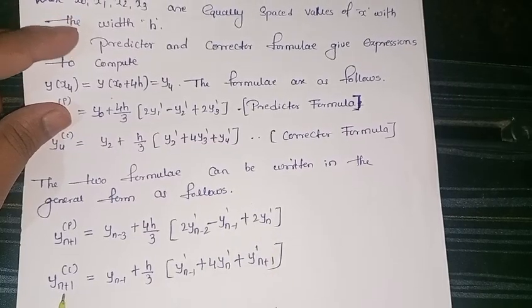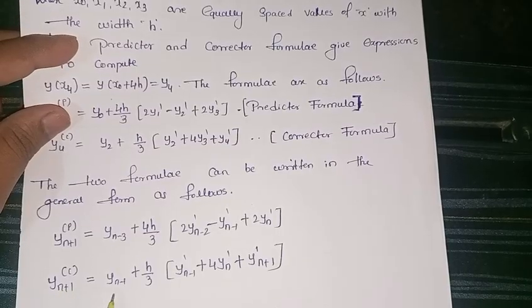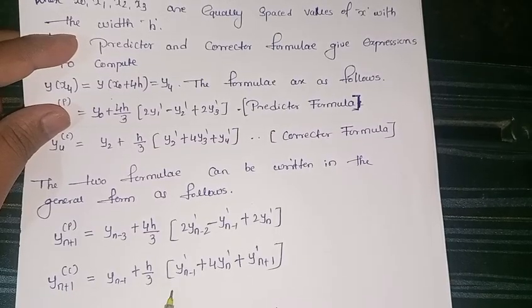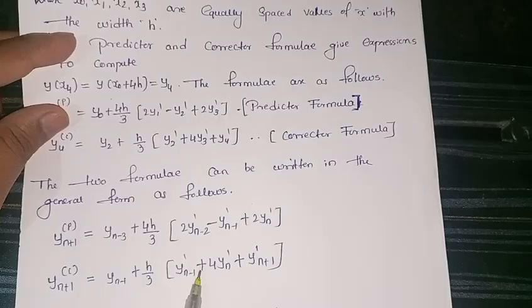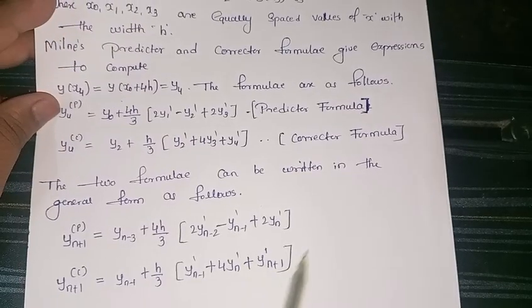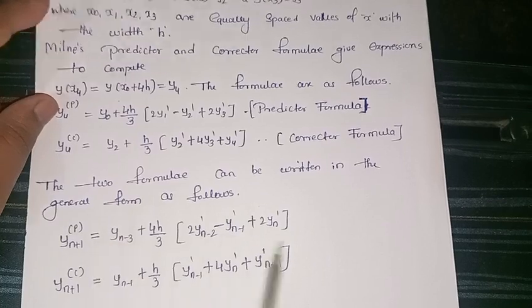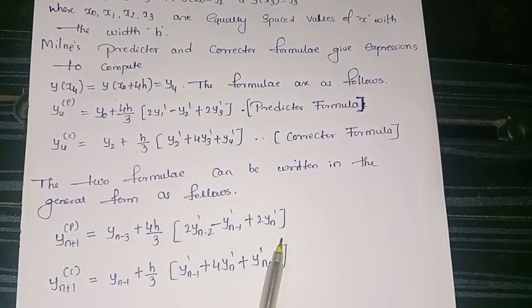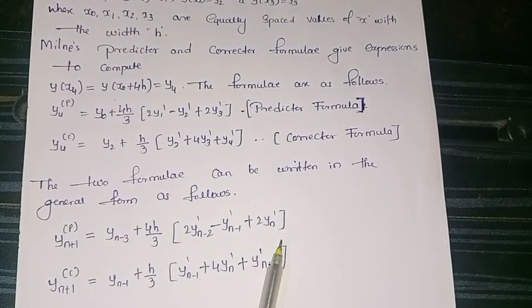Similarly, the corrector formula is y(n+1) of c equals y(n-1) plus h by 3 into y(n-1) dash plus 4yn dash plus y(n+1) dash. These two are the generalized formulae for Milne's Predictor Corrector method.